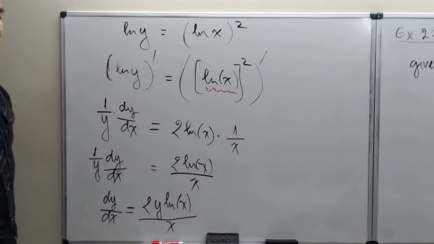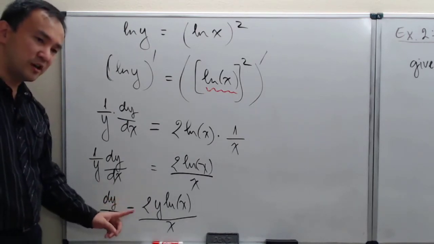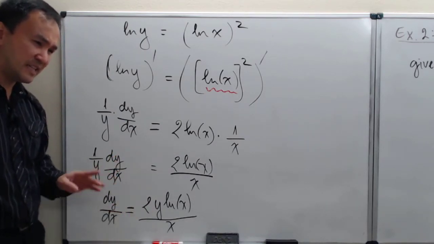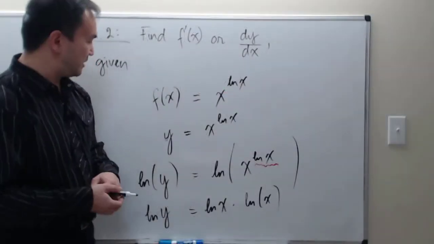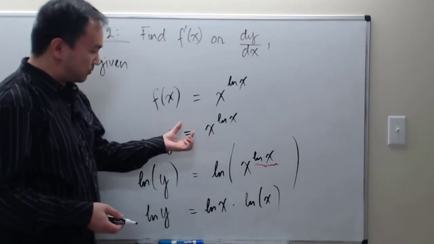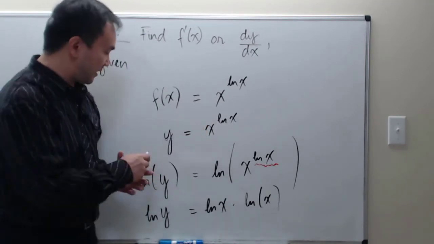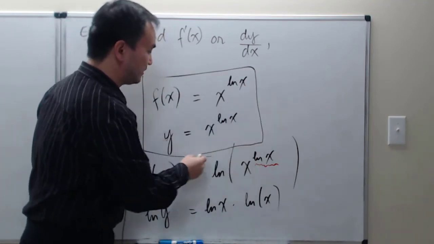I'm still not quite satisfied with this final expression, because I remember that our function in the beginning was an explicit function, defined explicitly in terms of x. And it's still here.